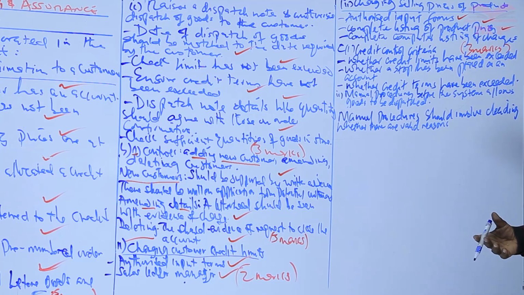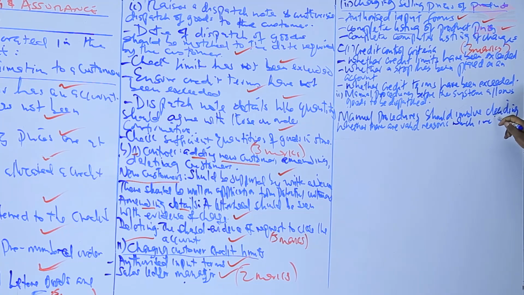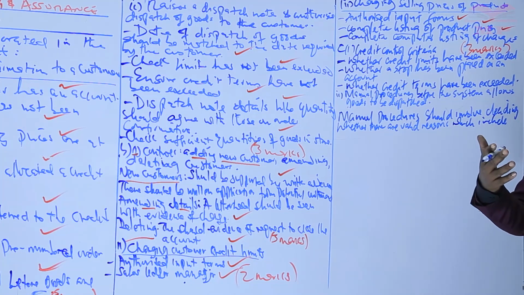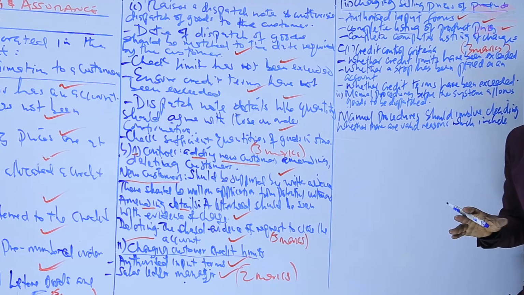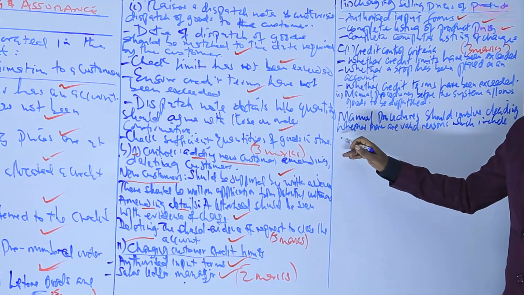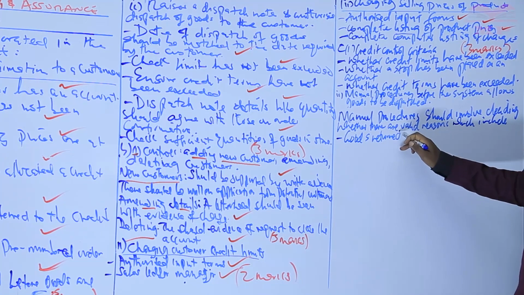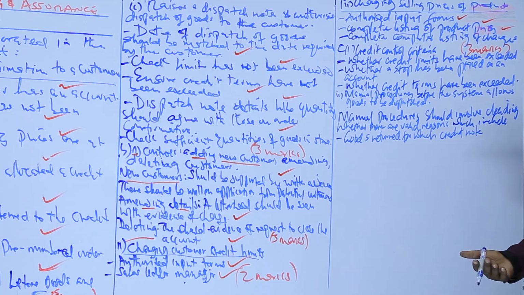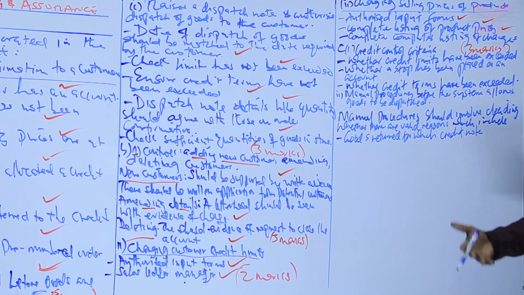And the reasons should include goods returned for which a credit note needs to be issued. All right? It includes goods returned for which a credit note needs to be issued.